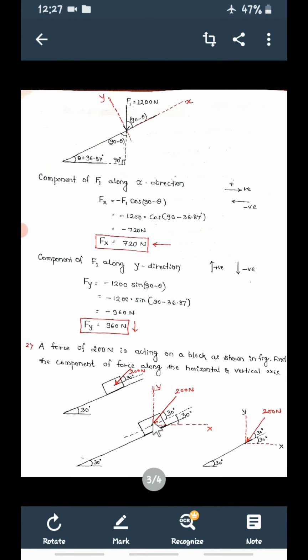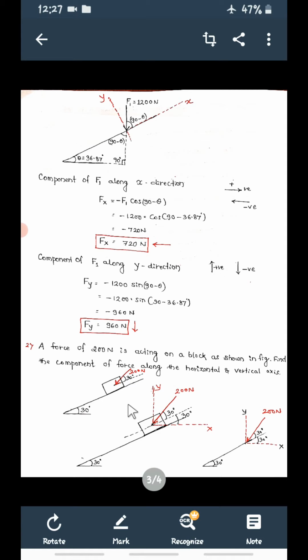Now see, same diagram I have drawn. This inclined plane is making an angle of 30 degree, and this 200 Newton force is making an angle of 30 degree with this plane. Again I have drawn this line, and the 200 Newton force is making an angle of 30 degree with this line.